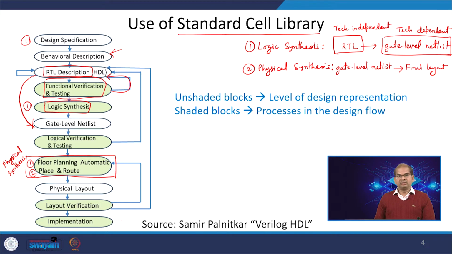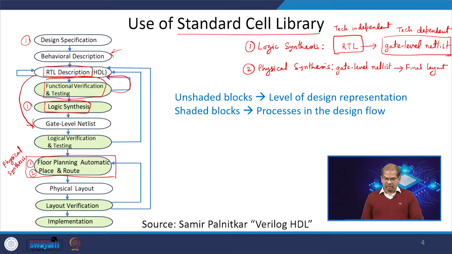If that is not satisfied, then we need to modify the layout. One most important point is the timing, whether the timing of our design is meeting or not. If the timing is not meeting, then we go back and modify the RTL so that I can get a layout where the timing is fixed.